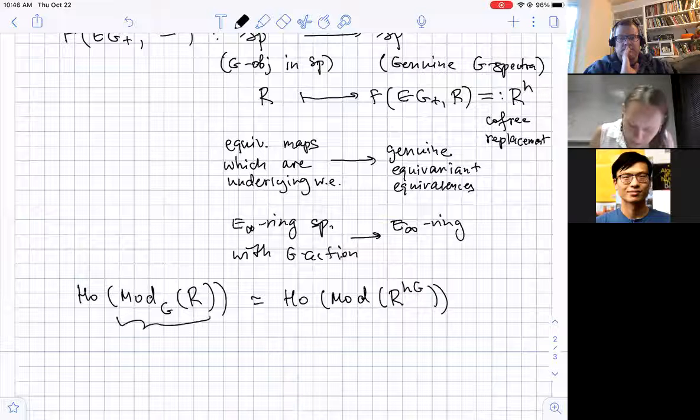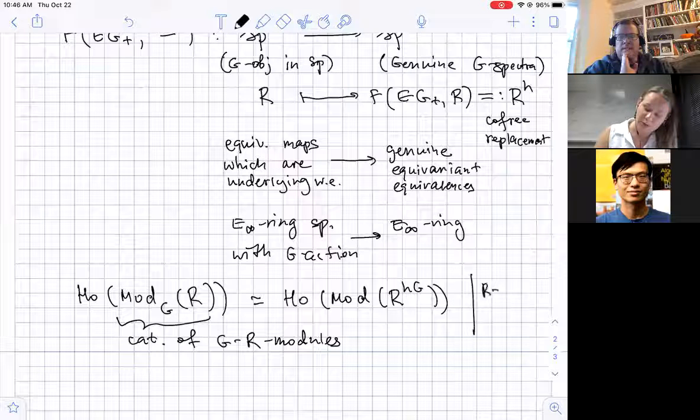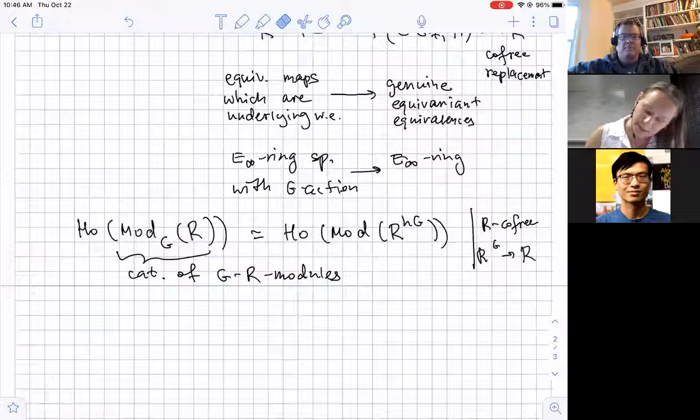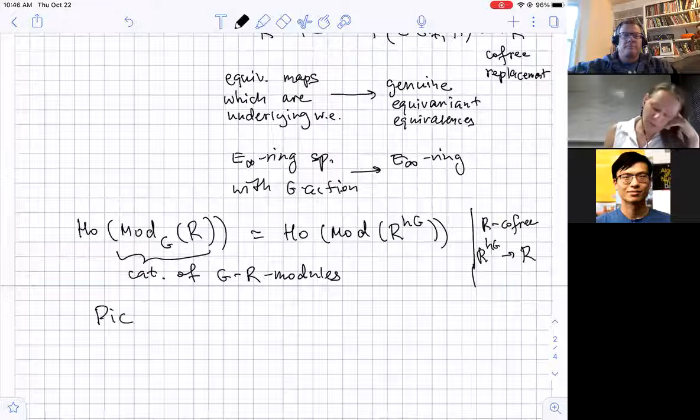This is true if R is co-free, and RHG to R is a faithful Galois extension. Okay, so the categories of modules are equivalent, which means that the Picard groups are equivalent.